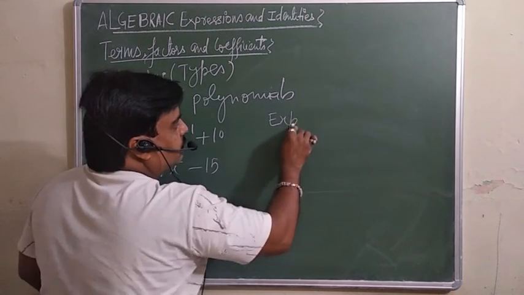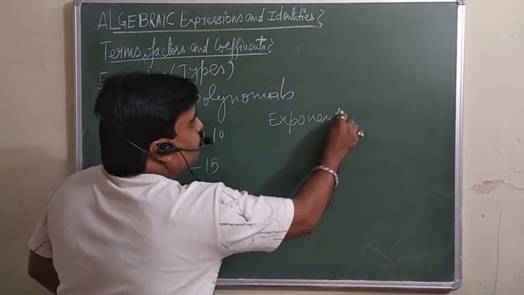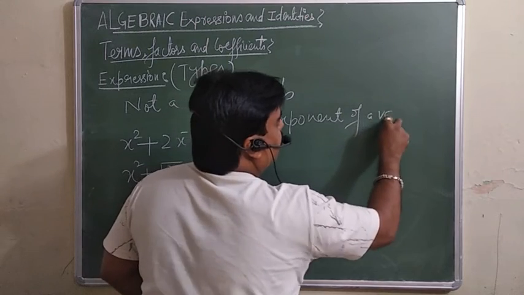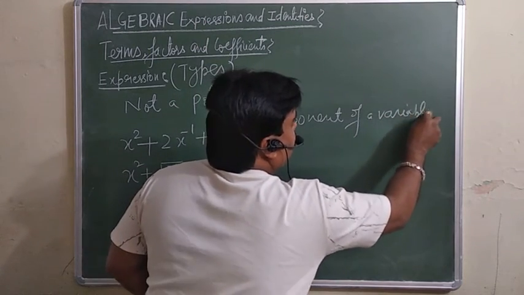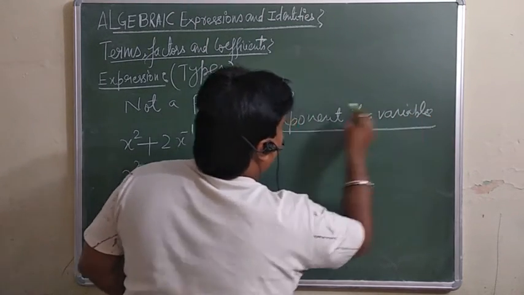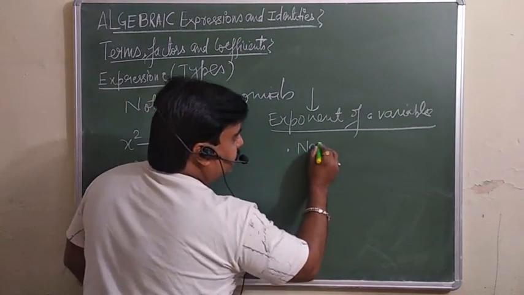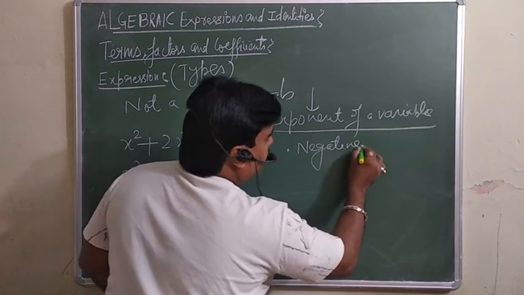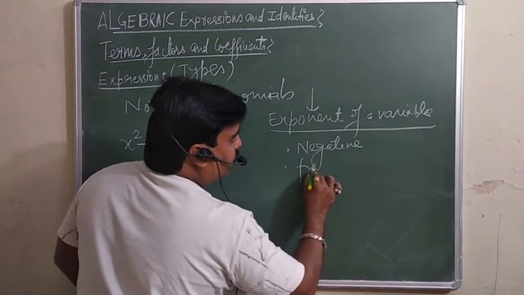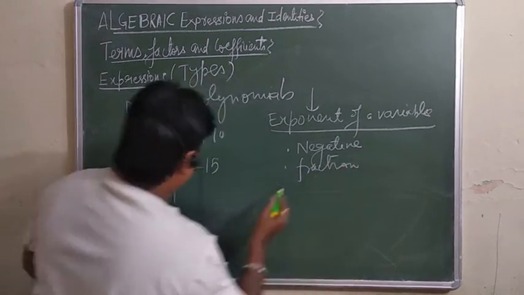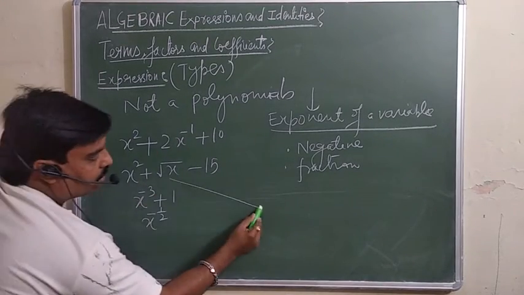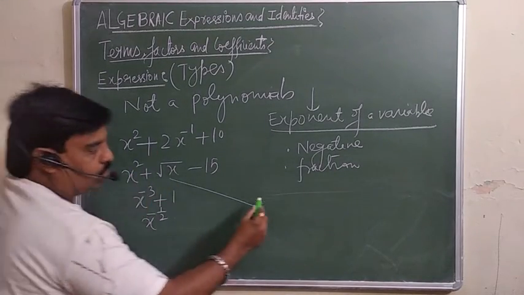Means if the exponent of a variable in any algebraic expression, किसी भी algebraic expression में exponent of a variable या तो negative है, or in the form of a fraction, or given inside the radical sign. तो root x का मतलब क्या हुआ?